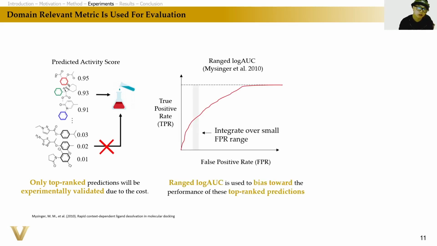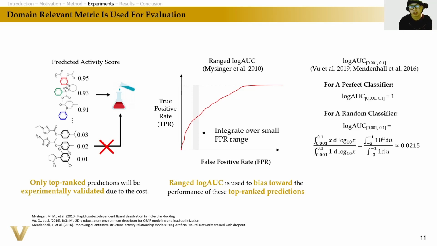So we want to use the ranged log AUC to capture this. The ranged log AUC is used to bias towards the performance of the model for these top-ranked predictions. So basically, we only integrate over a small range of the false positive rate. Those small false positive rates correspond to the high threshold in the predictive value.